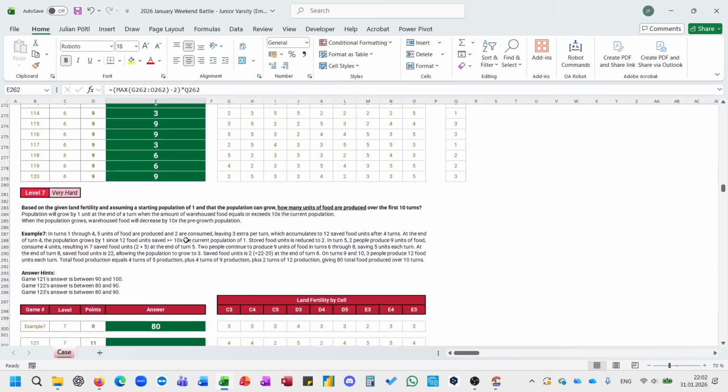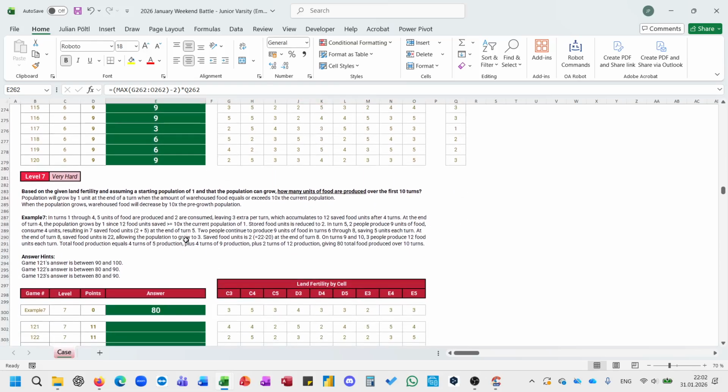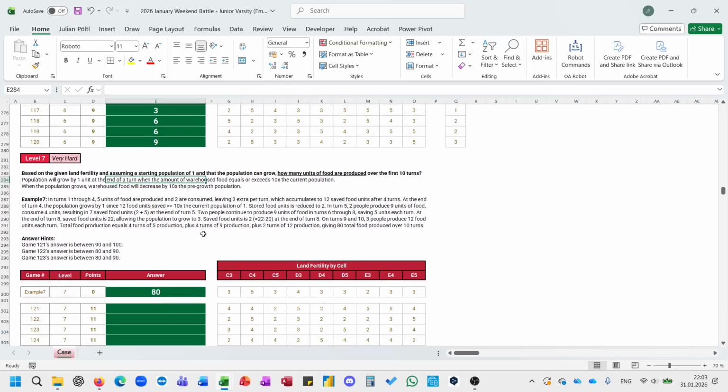And next one, based on the given land fertility, assuming the population can grow. How many units of food are produced over the first 10 turns? Population will grow by 1 unit at the end of a turn.